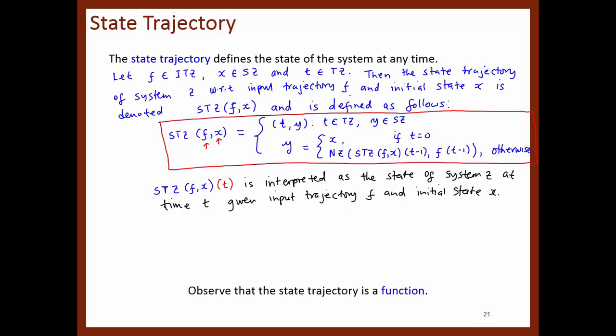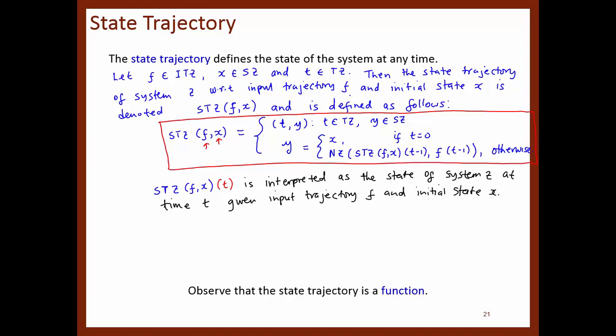Now that you have that information of the inputs, this string of inputs, how is that affecting your states? The state trajectory is going to represent that. It takes into account all that input string, and looks at the states in the set of states and the time in the set of time.